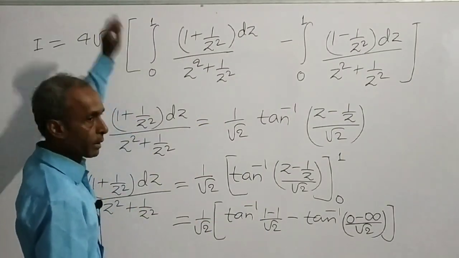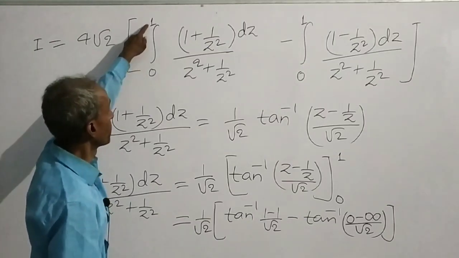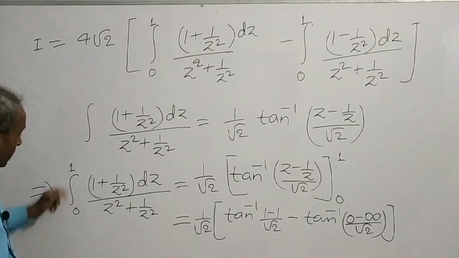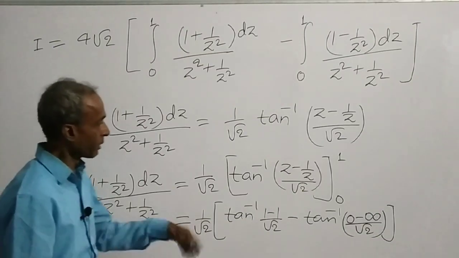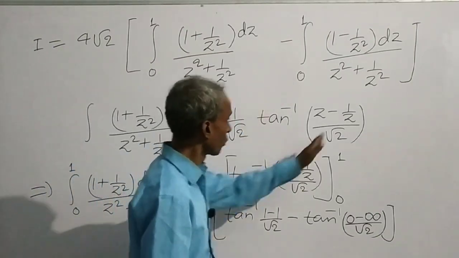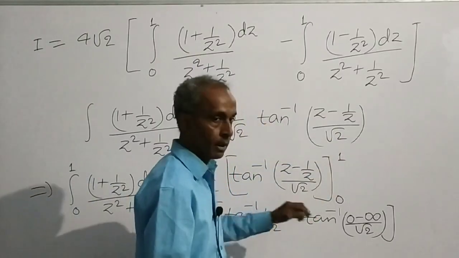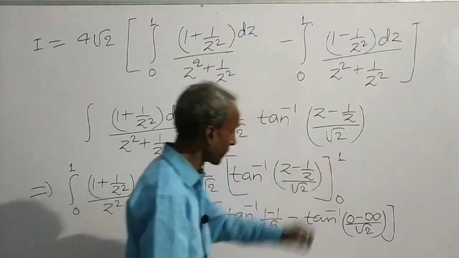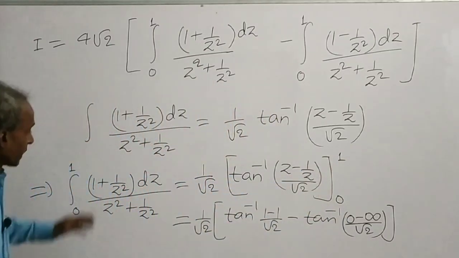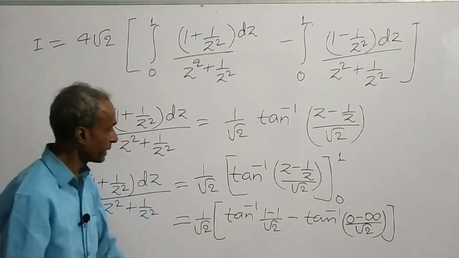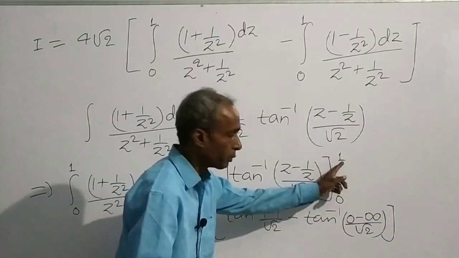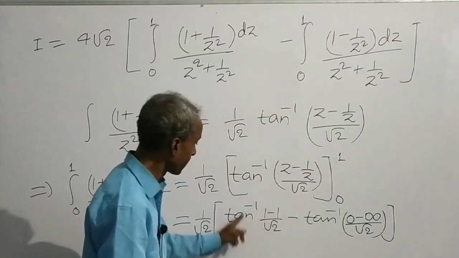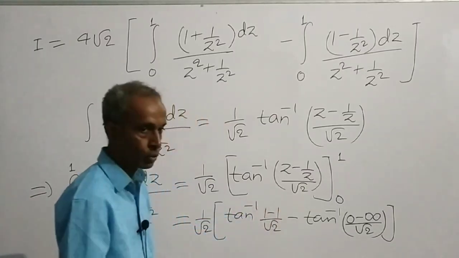When we put limit of integration 0 to 1 on the left hand side like this, then on the right hand side we enclose this expression and write 0 here and 1 here. Therefore, value of this definite integral will be, we will put 1 in place of z, then we get tan inverse 1 minus 1 by root 2.